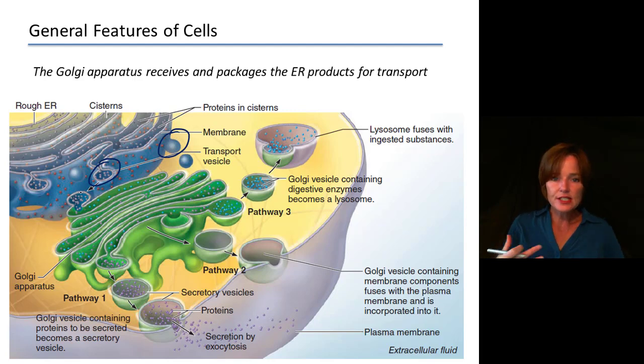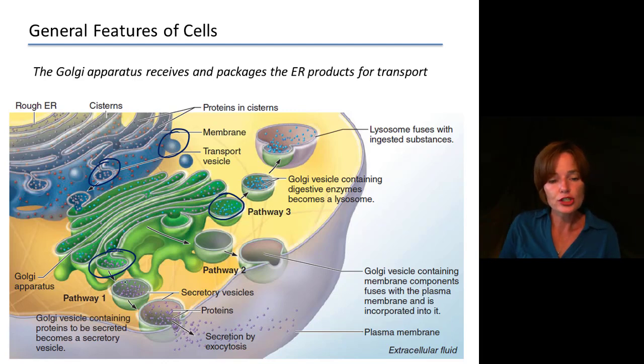The Golgi receives them and takes them in. It processes the contents of those, modifies them a little bit if need be, and then it's going to pinch off again so that we've got these proteins which are ready to go, packaged up, and they're going to be then sent out into the cell to whatever their final destination happens to be.